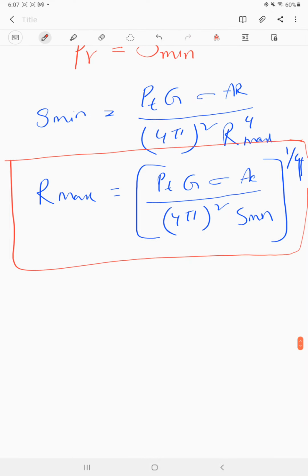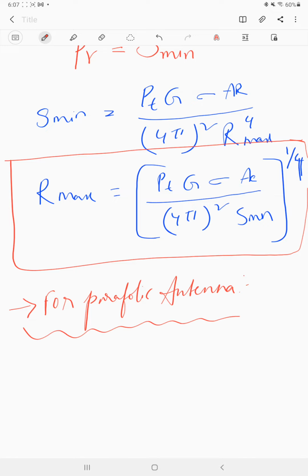For a parabolic antenna, the gain G is equal to 4 pi AE by lambda square.